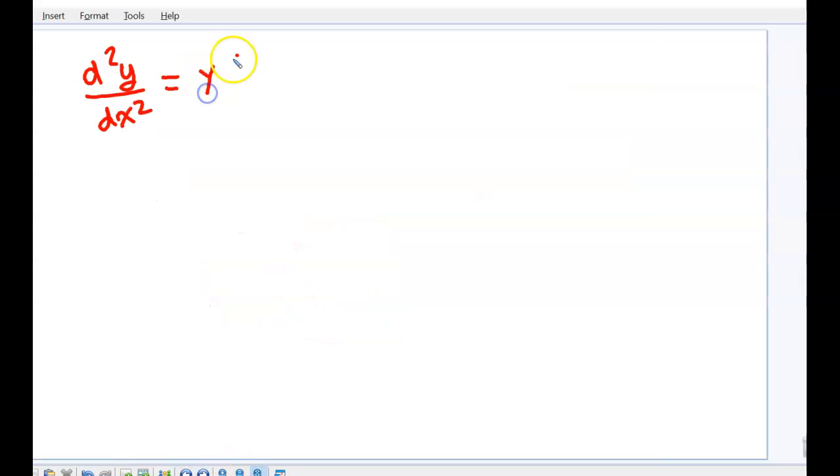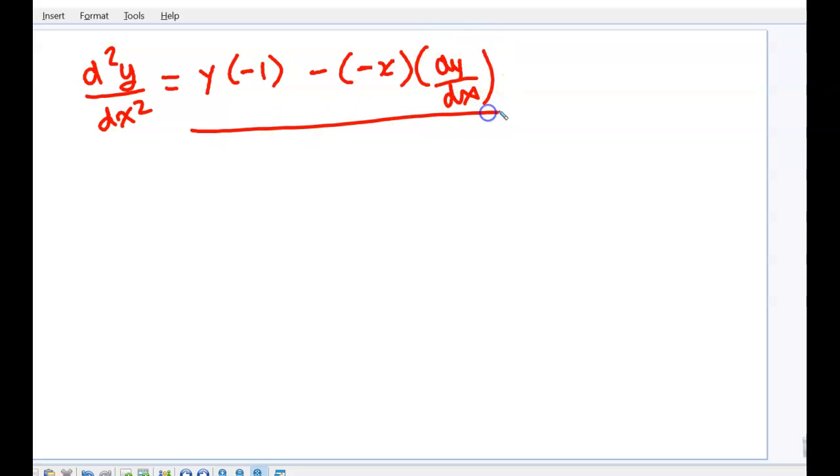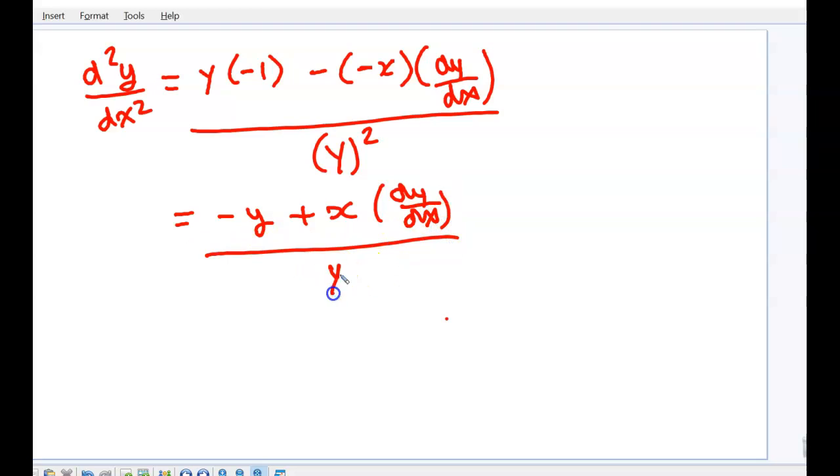So it's going to be the bottom times the derivative of the top minus the top times the derivative of the bottom. The derivative of y would be 1 dy/dx. This is all over the denominator squared. So cleaning this up, it's going to be negative y plus x times dy/dx all over y squared.